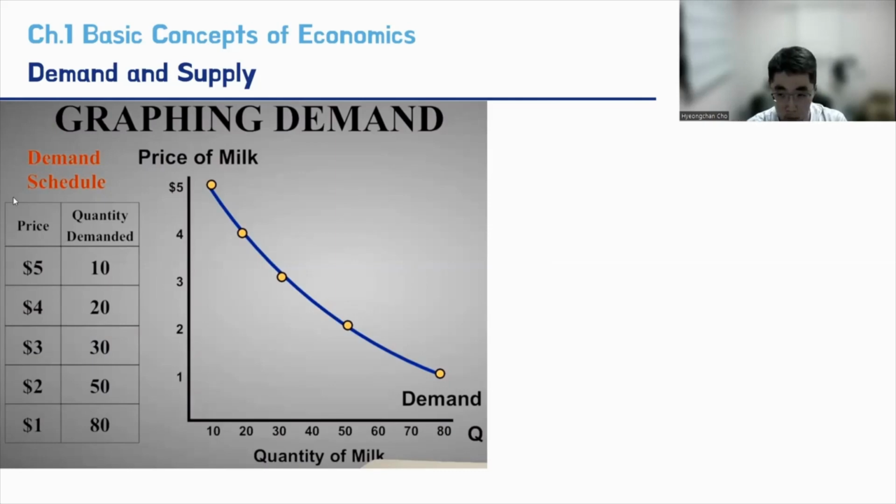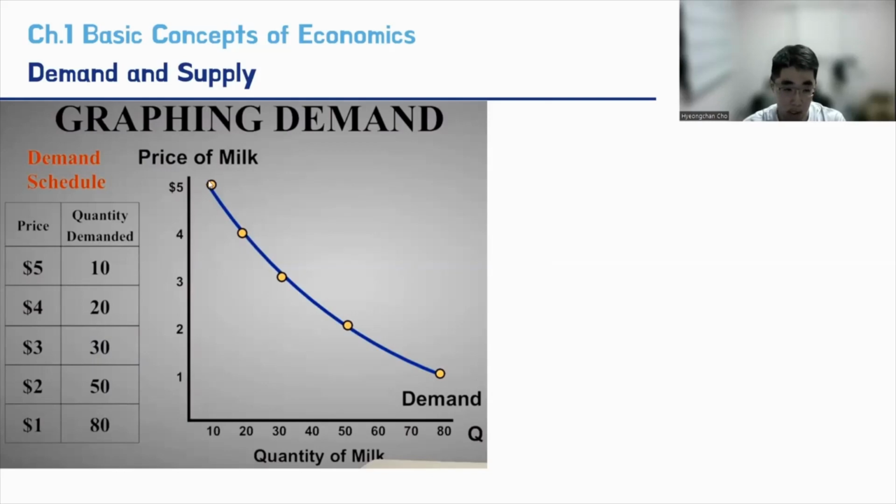When we plot the curve in this chart, we can draw it like this. Price 5 here, quantity 10 there, so here's the combination of the first one. The second one, price 4 here and quantity demanded 20 here, so the combination of the second one is here.